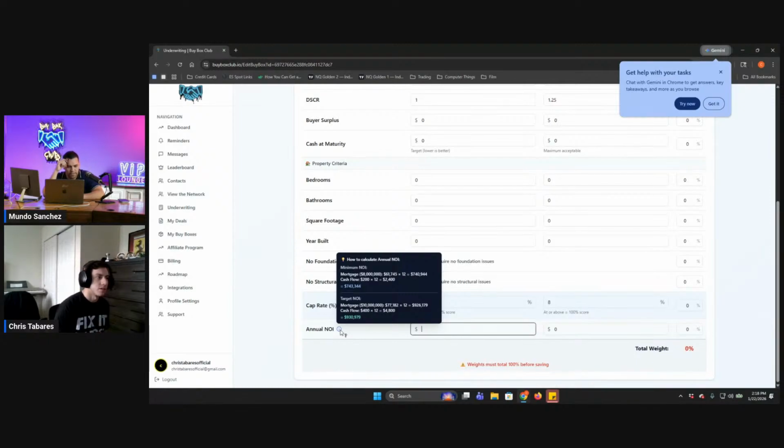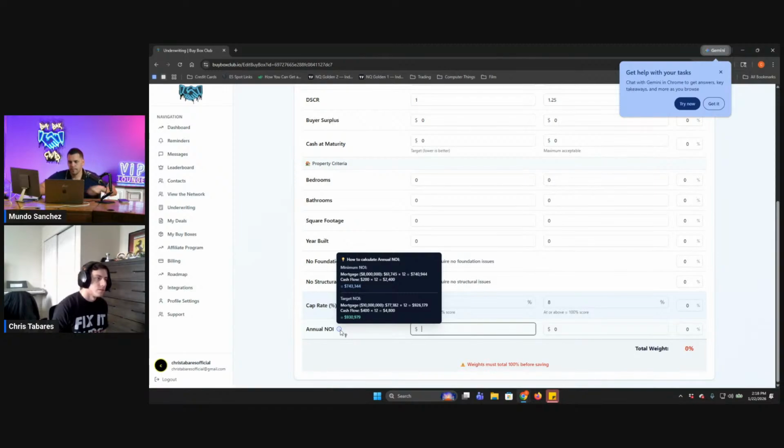So that's talking more about the NOI part, how to figure out the NOI. But if you're looking at cash flow, you would probably want to know what that looks like based upon the buy box. You would want to put that in. Most investors have a good idea of, hey, I want to make sure I'm cash flowing X amount of dollars per month.